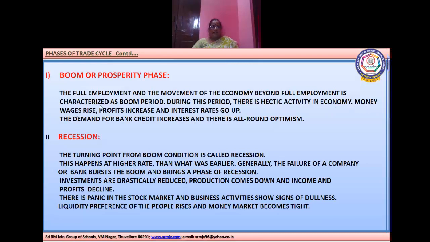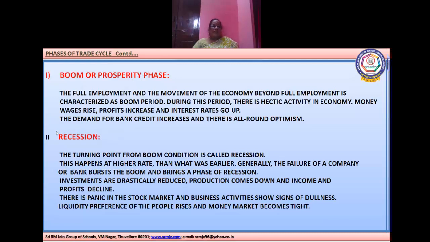Money wages rise, profits increase, and interest rates go up. The demand for bank credit increases and there is all round optimism. Everything will be going on at an increased level only. So that is called the boom or prosperity phase.